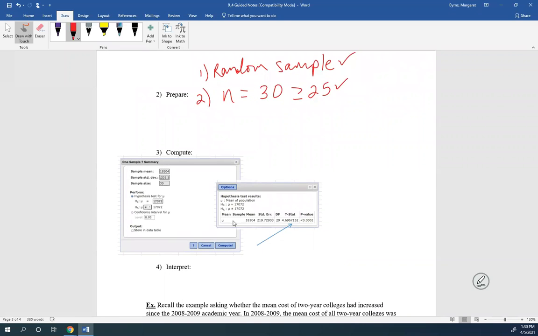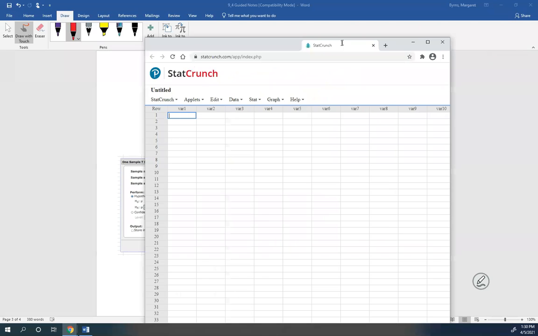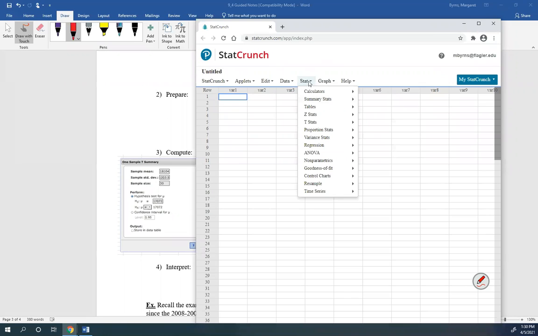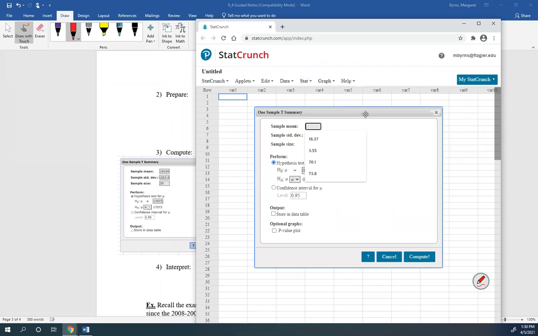Here's a screenshot of it, but I'm going to show you again what this looks like in StatCrunch. So go back to my StatCrunch window here. Remember how to do this. We go to Stat, and then T Stat, one sample with summary.